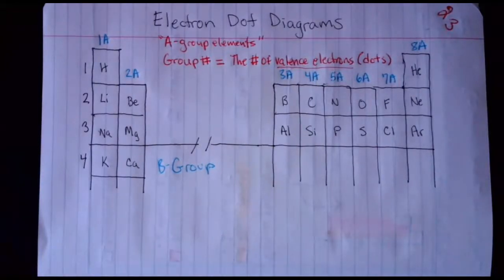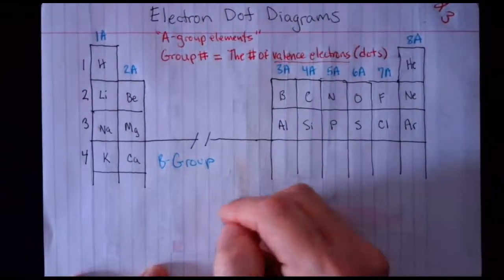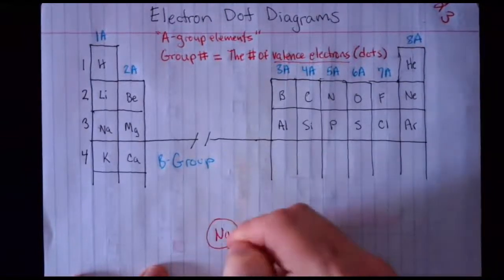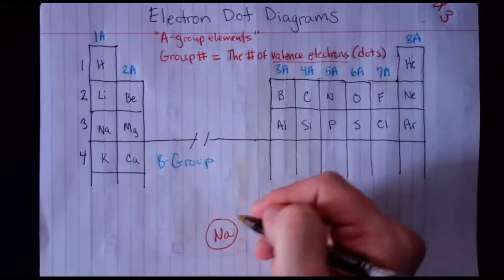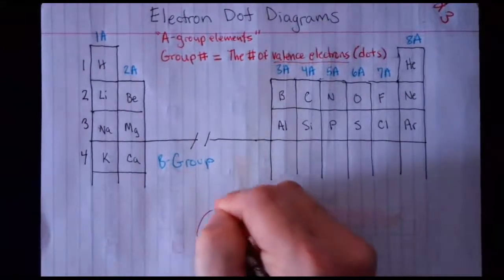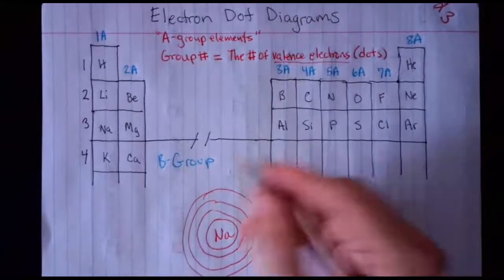Yeah, so the electrons on the outermost energy level or ring, right? So let me give you an example. If we have the element sodium, right? So sodium actually has 11 protons, therefore it also has to have 11 electrons. And those electrons are going to exist in 3 energy levels, right?